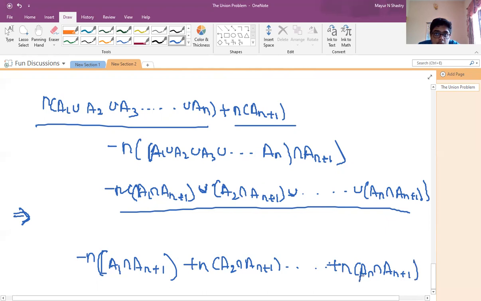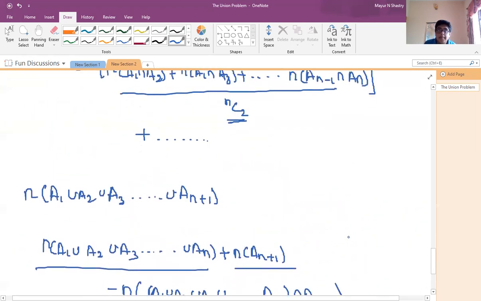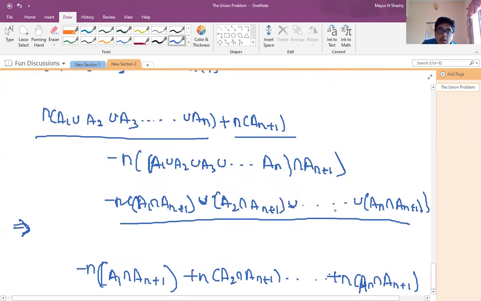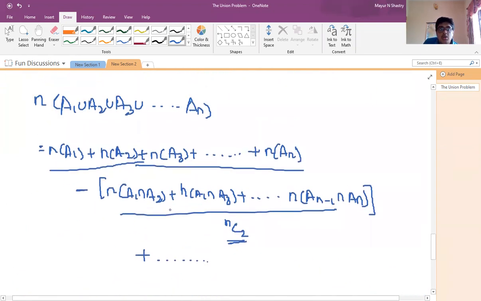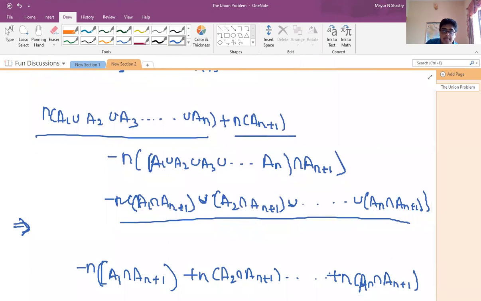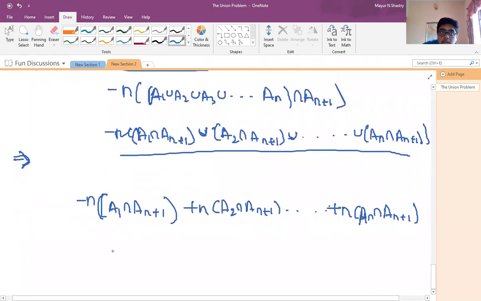So these terms have to be added to the ones here, matched properly, like two intersections. So here I had already told you that there are n choose two terms, and here you see I need to add a total of n terms.